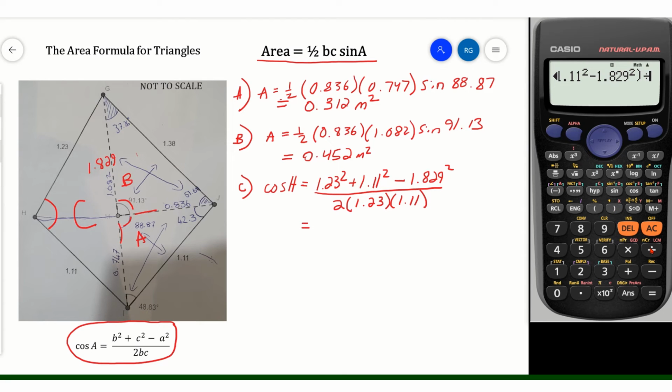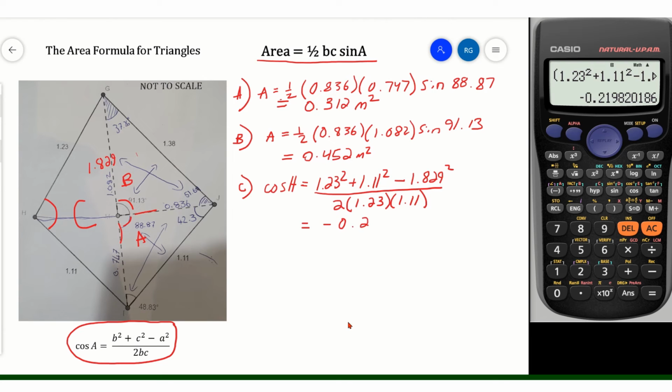And then I'm going to divide, and I'll put everything in my denominator in its own brackets. And that's 2 times 1.23 times 1.11. And this is going to give me negative 0.2198.